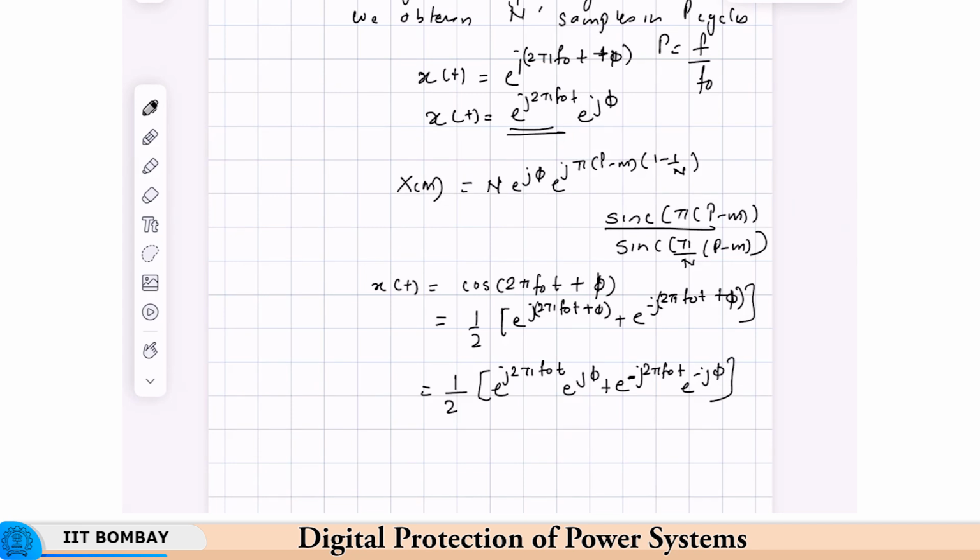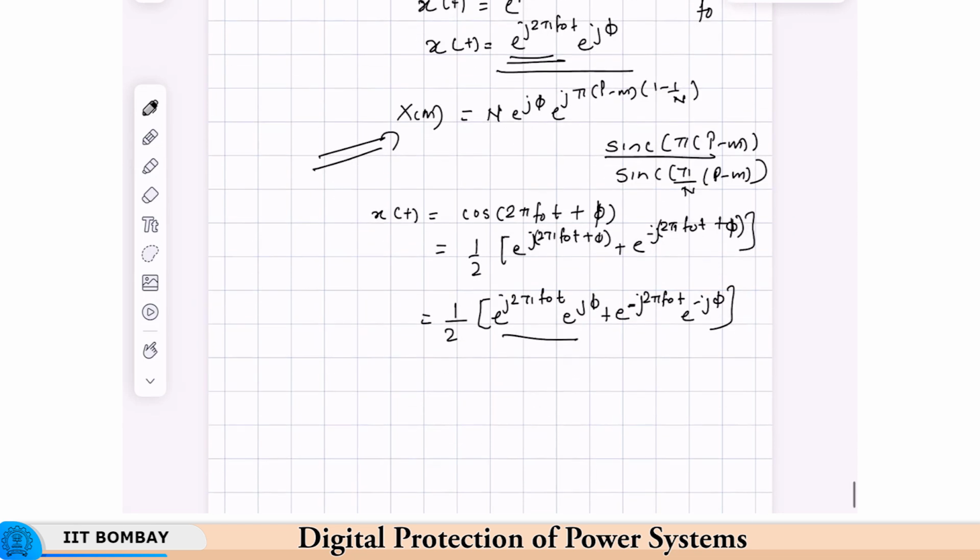Okay. So now you know where we are getting at. We have already seen the DFT for this part, and similarly we have seen the DFT for this part. There will simply be a common term, e raised to minus j phi.